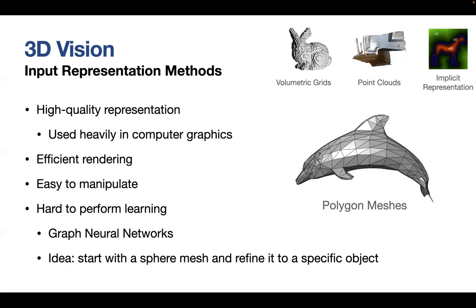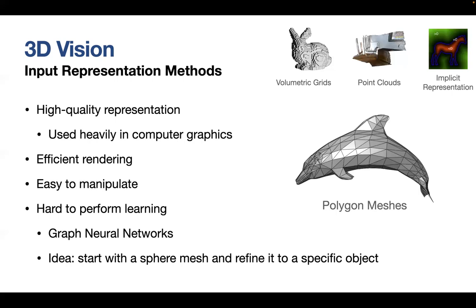For example, when we want to do shape generation, an idea would be to just start with a sphere mesh, just like we want to go to, for example, a dolphin. We start with a sphere mesh, and then we pass it through graph neural networks to eventually refine it iteratively in several steps to land in a specific object, which can be this dolphin.